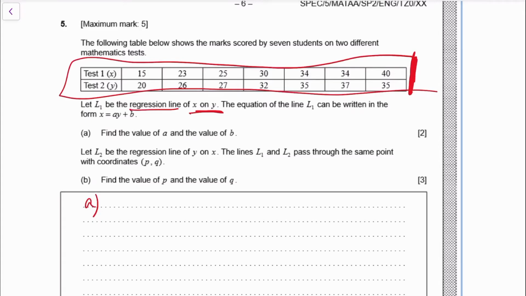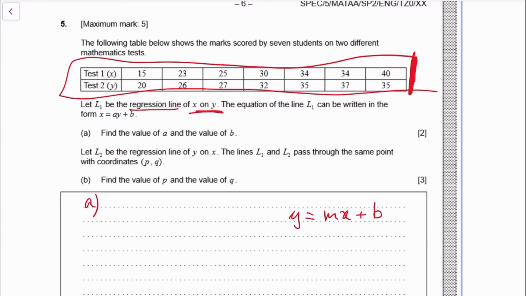Then you should go to some statistics calculation and look for regression line. They want it to be x on y, but most calculators would give you the regression line as y equals mx plus b.